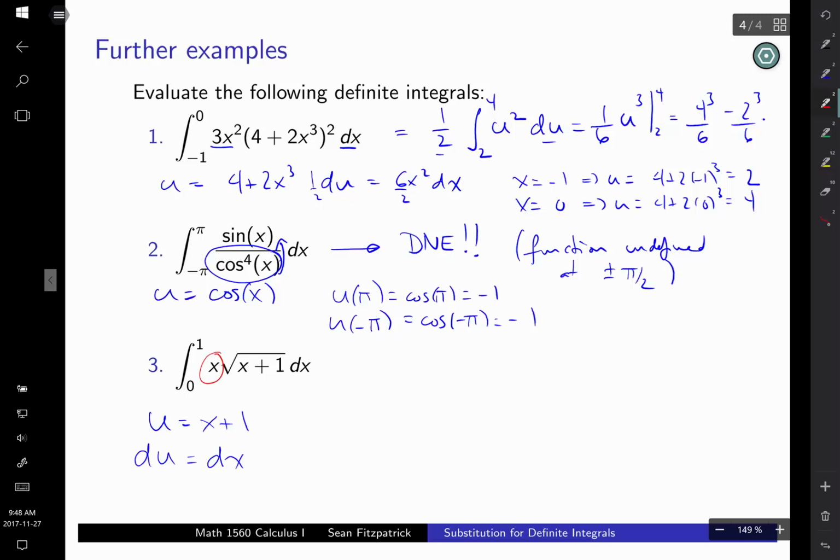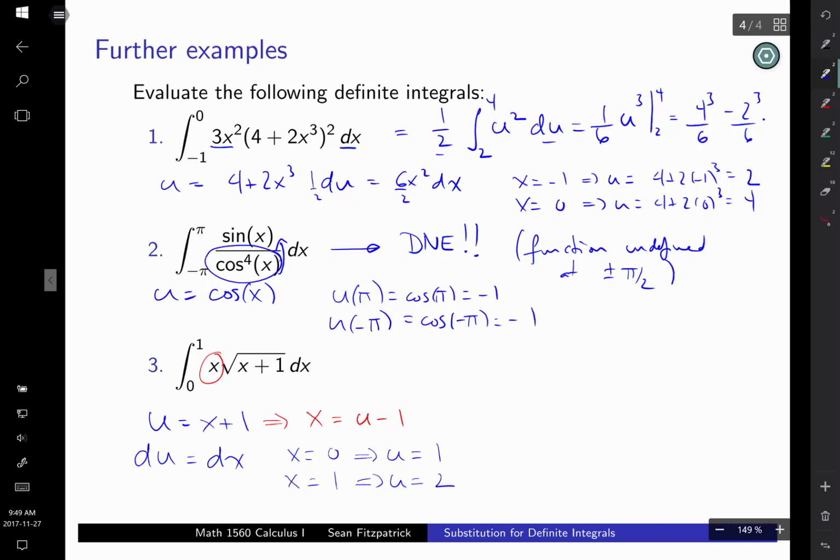What do I do with this x? Well, if u equals x plus 1, that means that x is u minus 1. Subtract 1 from both sides. Okay. When x is equal to 0, notice that when x is 0, u has to be 1. When x is 1, u has to be 2.